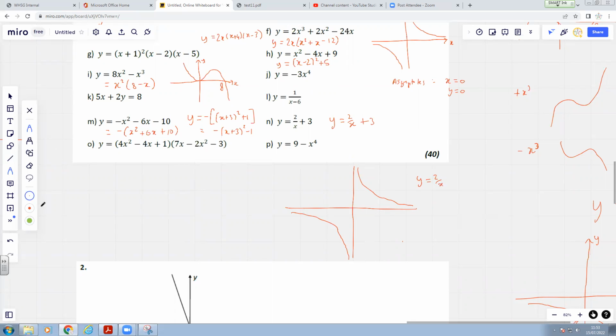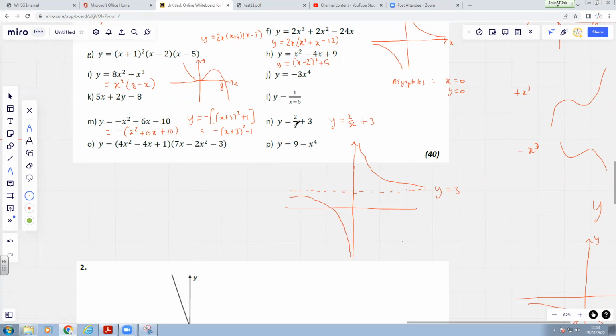But now we're going to move it up 3. So if it's moved up 3, suddenly it's gone asymptote at y equals 3. And you can see it makes loads of sense because when x gets super, super big, like thousands, millions, billions, y is roughly 3. It's just slightly bigger than 3. So it's going to look something like this.